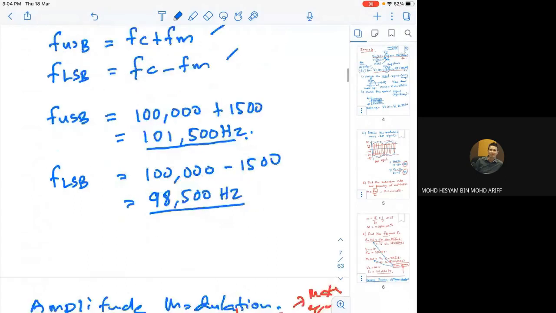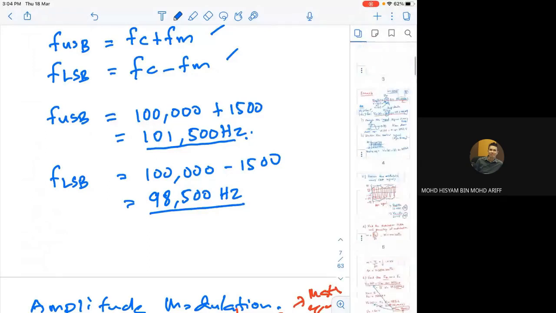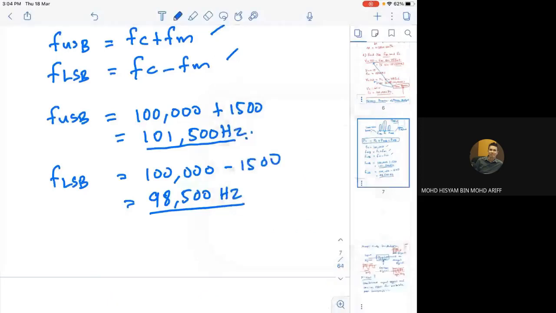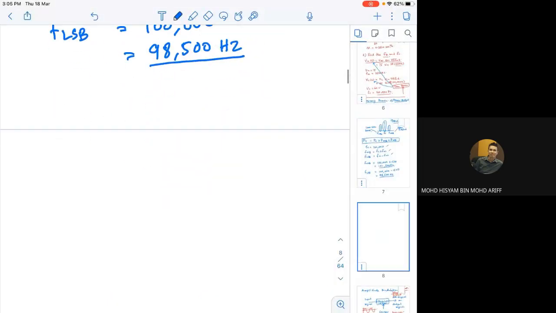Okay, correct. So basically, how to draw? We draw again. This is the frequency domain.